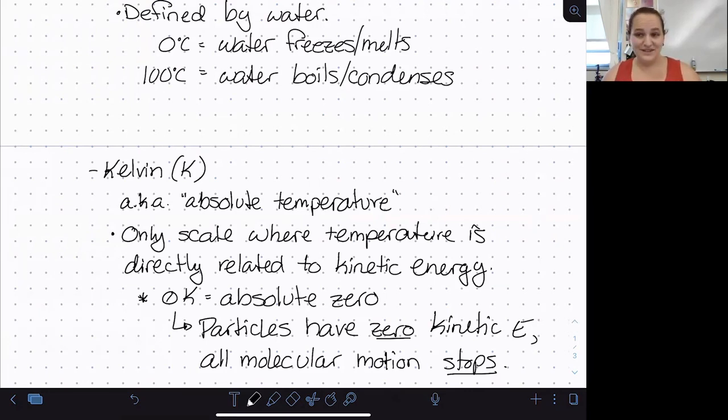0 degrees Celsius is actually pretty warm in the grand scheme of the universe. 0 Kelvin is literally as cold as anything can possibly be. And we actually can't achieve absolute zero. We can't get substances to absolute zero in a lab, or at least we can't know about it, because to take a measurement, something has to move.